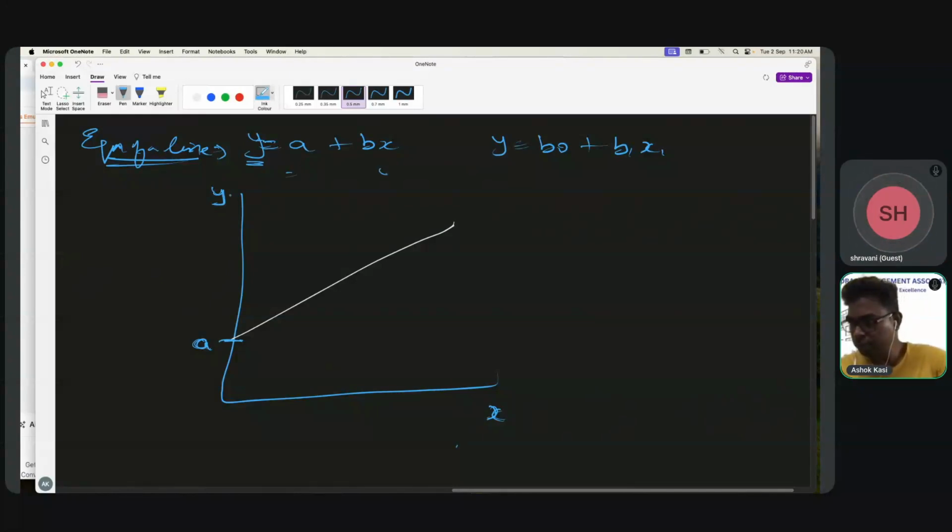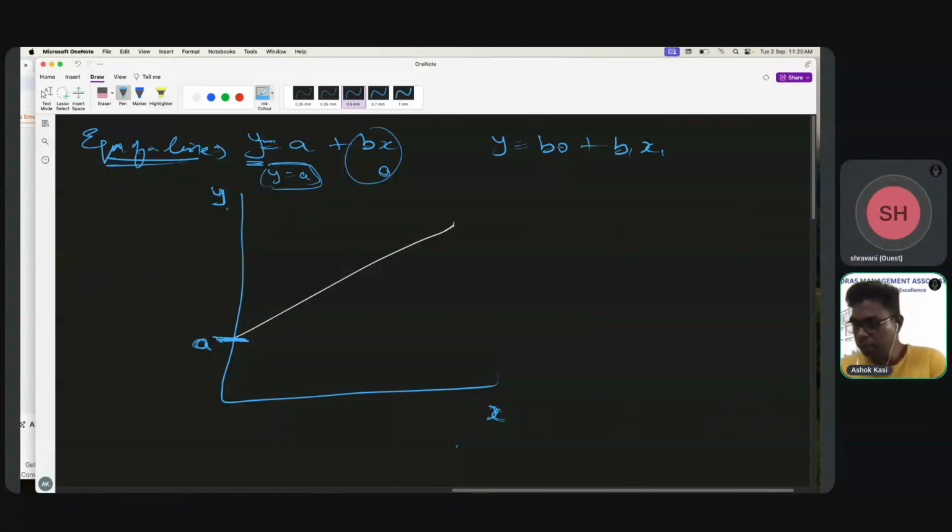Suppose I keep x's value as 0, still a's value will be this much, because all the rest will become 0. So that is called the intercept.